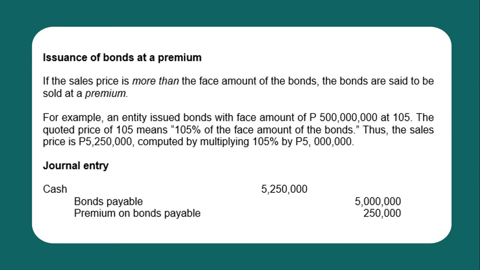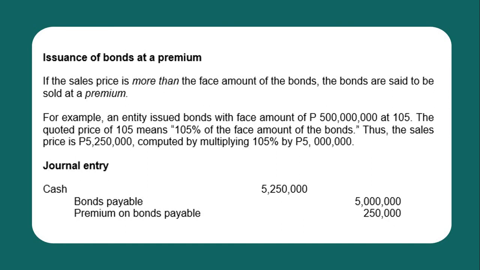For example, an entity issued bonds with face amount of 5 million. Okay, that is not 500,000. That is 5 million at 105. So, the 105 there represents the issue price. Okay?